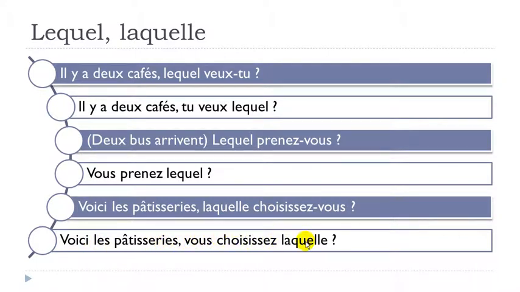Vous choisissez laquelle? All right. So you can see that in that case, it's the same. We just keep the normal order, so subject, verb, and then laquelle. All right. So now you've got lequel and laquelle. Remember phonetically, basically this second part, quel, doesn't change if you want to pronounce it.